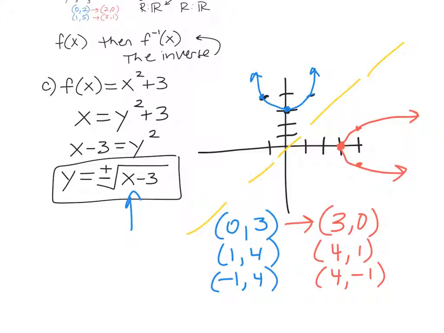And then negative square root of x minus 3, and that'll give you the second half of it. See? Now, it doesn't really look like it's a reflection, but if I hit zoom square, then it will give me a square window instead of a rectangular window, and it'll look a little bit better. Does that look better? Sort of, not really. I don't know. It didn't look much better at all, did it?